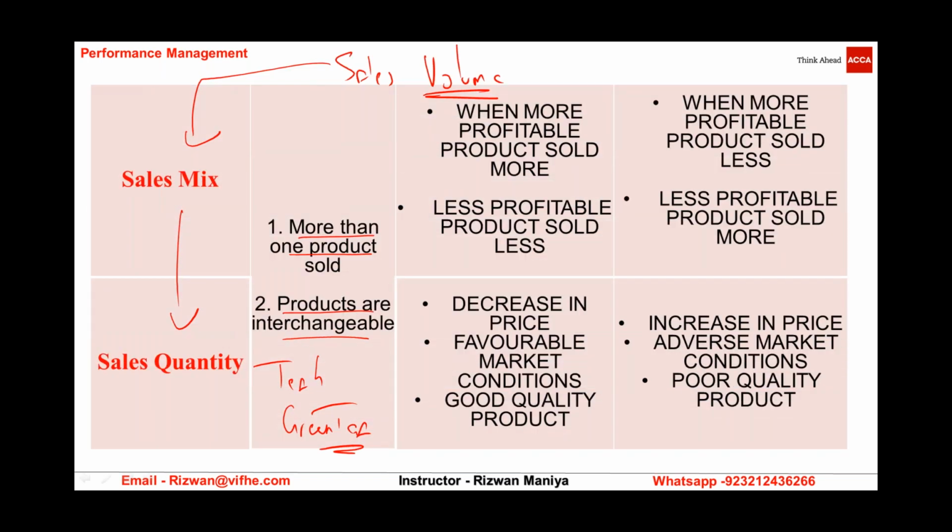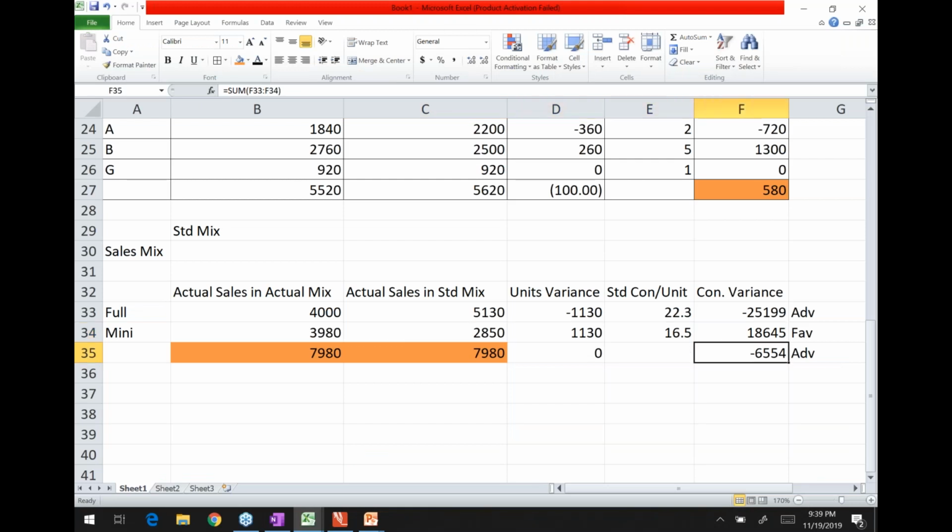So you can see here mixed variance, the answer that we just got here is an adverse answer. Okay, and mathematically it's adverse. So I will quickly tell you the reason why this is adverse.